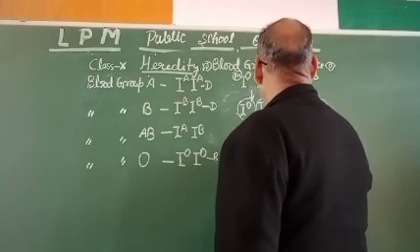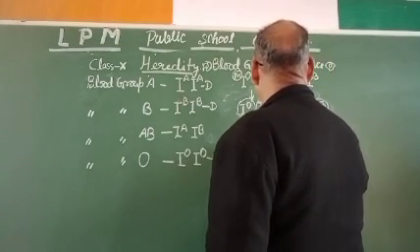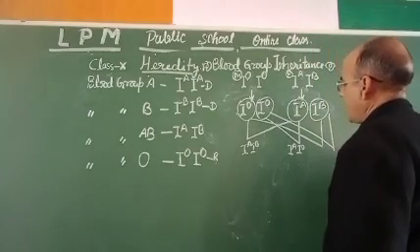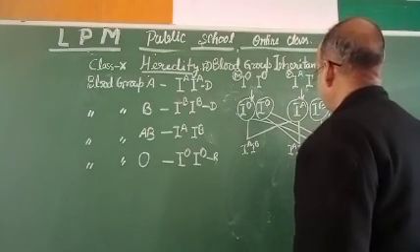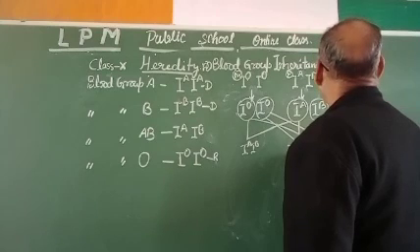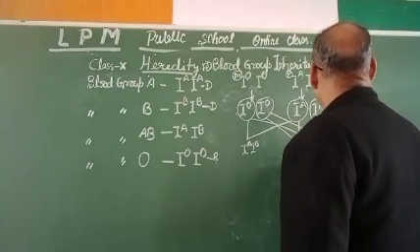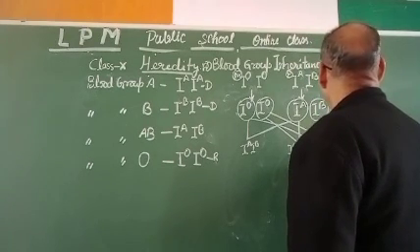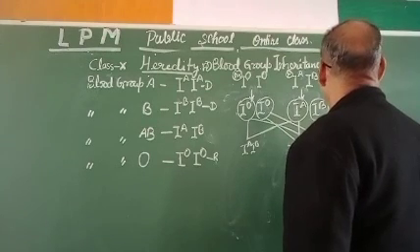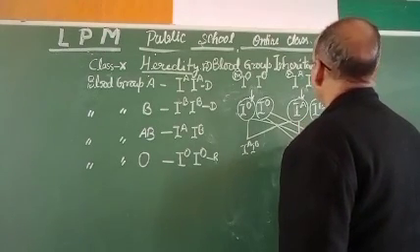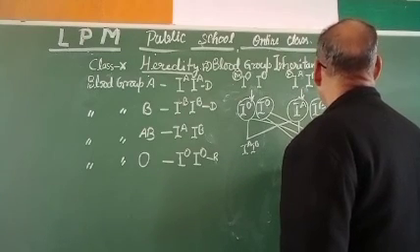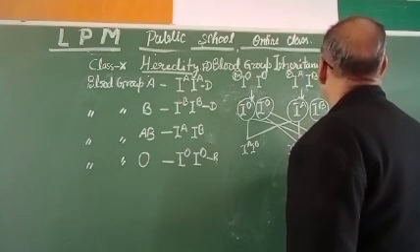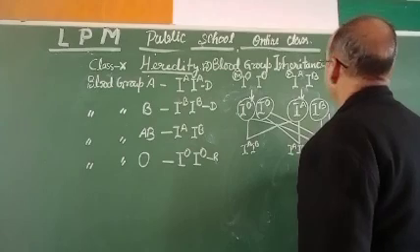So result is IA, IO, IA, IO, then IB, IO, and IB, IO.